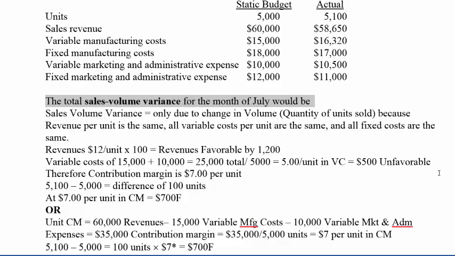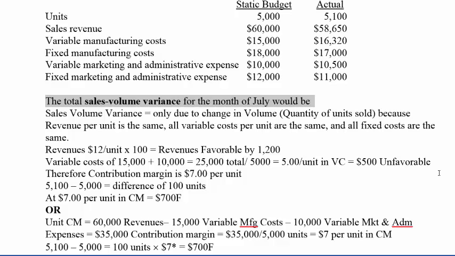The variable costs per unit are always the same. And the fixed costs are the same. When you formulate the master static budget column versus the flexible budget column, all of those things remain the same. The only thing that changes is the quantity.